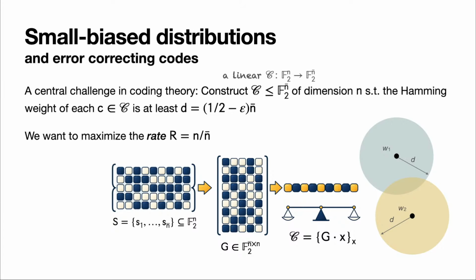This matrix will generate the subspace that we want, because just treat x as a test vector. Any non-zero x, treat it as a linear test. The epsilon bias guarantee will tell you that up to epsilon, it's exactly balanced. So this will be your subspace.